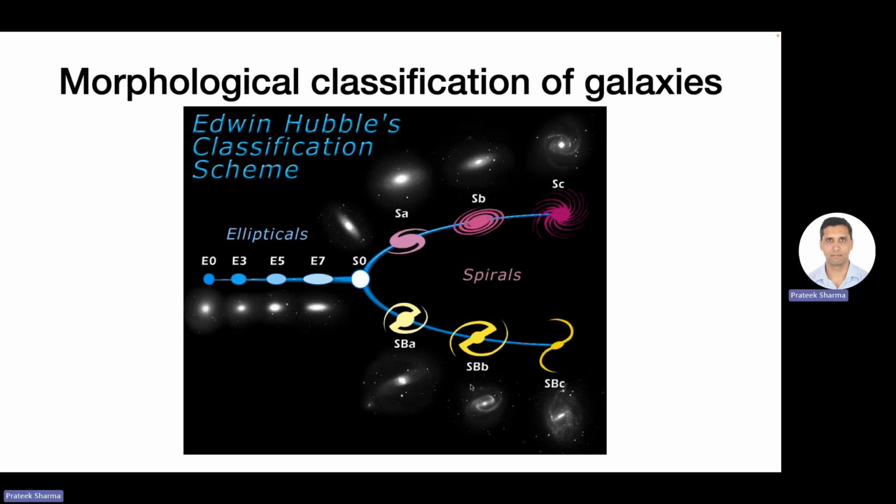Which of these do you think are younger systems? These guys or these guys? Spirals. Spirals are younger. When I say younger or bluer, that's not the definition. The definition is morphological. If you had a red galaxy with spiral arms, you would still call it spiral, because the classification is morphological.